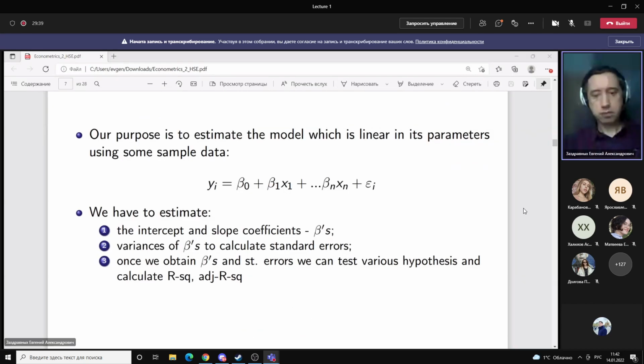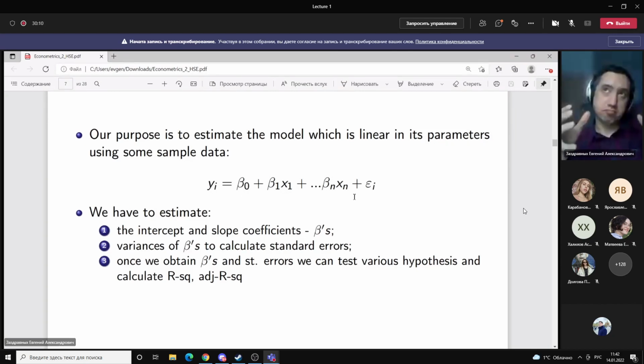This is a pretty interesting part of any work, but what is interesting here? We can for sure estimate betas, we can estimate the standard errors, but how can we know whether our betas tell us true information?